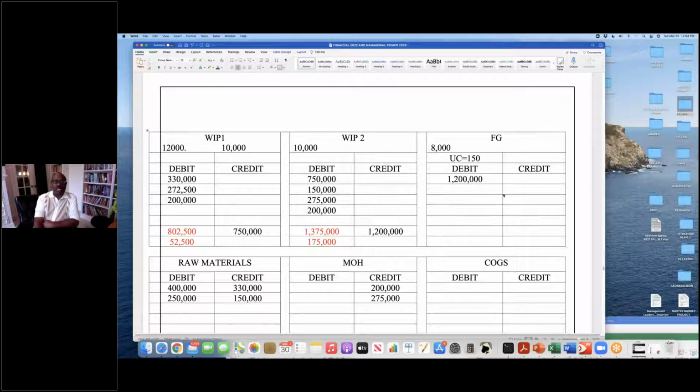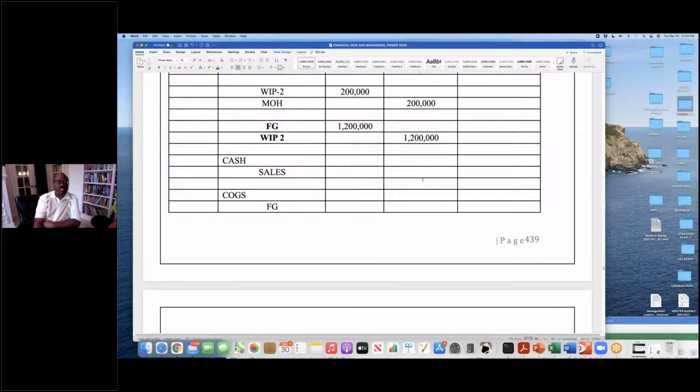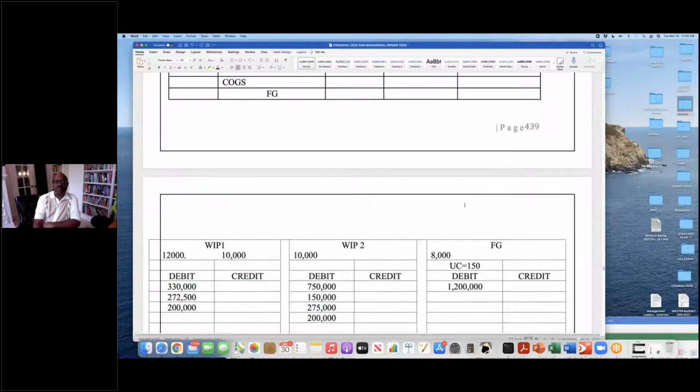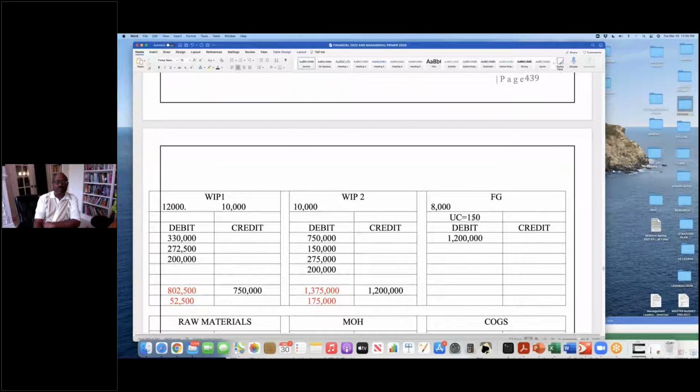So if the unit cost is 150, what's our selling price going to be? It's 600. It's 4 times the unit cost. How many did we sell? We said 5,000 units. Wait, how did we get 600? I'm so confused. He said that the selling price is 4 times the unit cost. Oh, the unit cost was 150. You see the 150? Yes. That's just $1.2 million divided by 8,000.